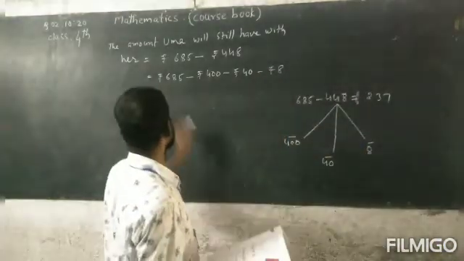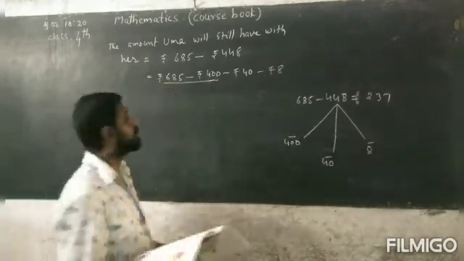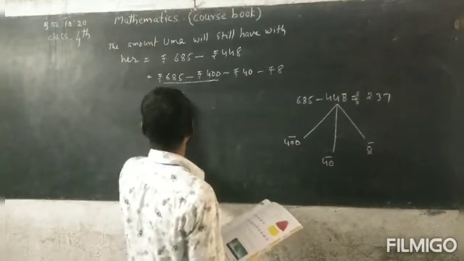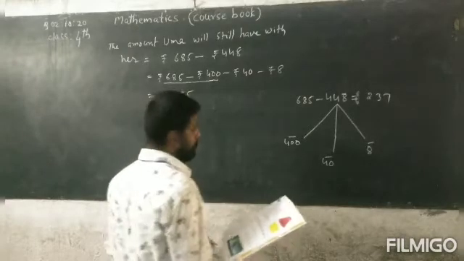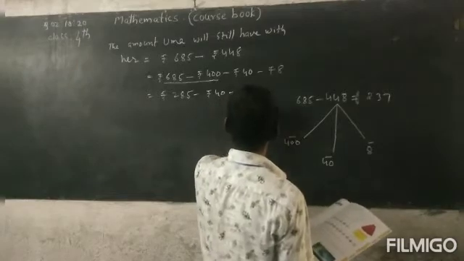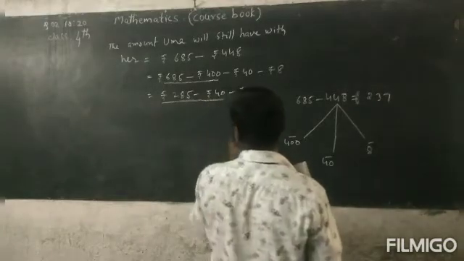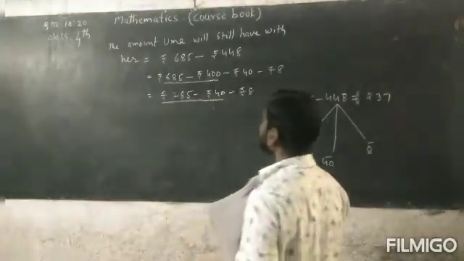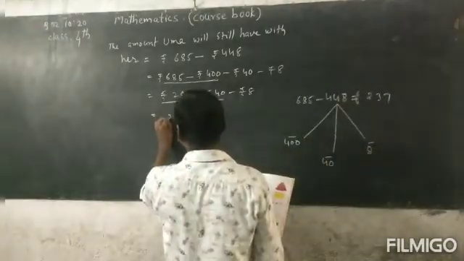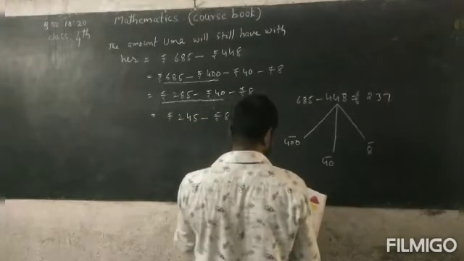First we subtract this, 685 minus 400. What do we get? Very simple. Yesterday I told you. See, 285. Remaining is 40 rupees minus 8 rupees. Then you can do this: 285 minus 40, you can get 245. Then you can write here 245 minus 8. So what do we get, beta?